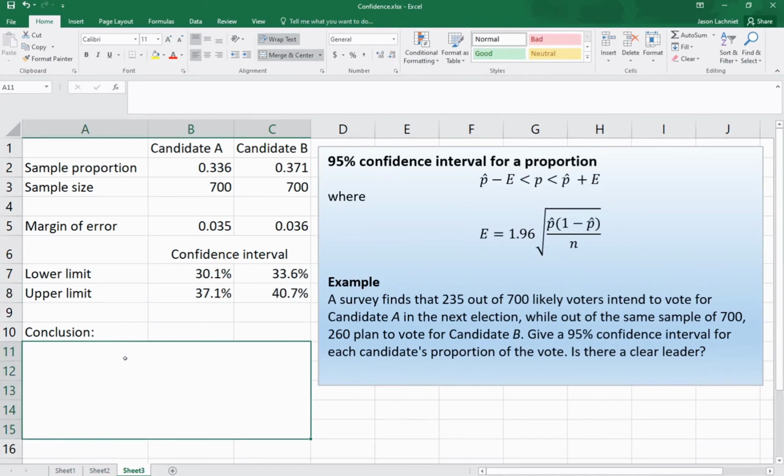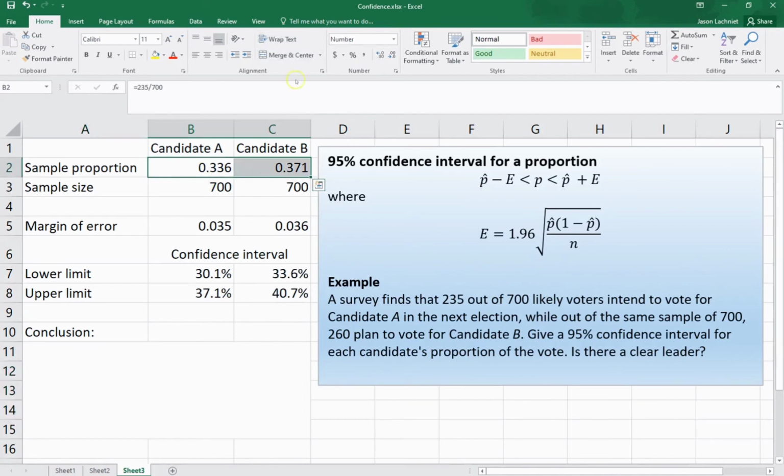What we can see is that while candidate A seems to be doing worse than candidate B, a difference of around 3 percentage points, or 2.5 percentage points, these confidence intervals actually have considerable overlap.